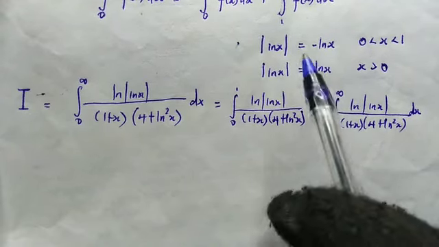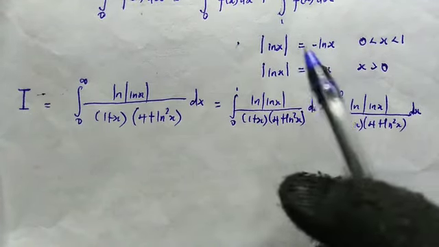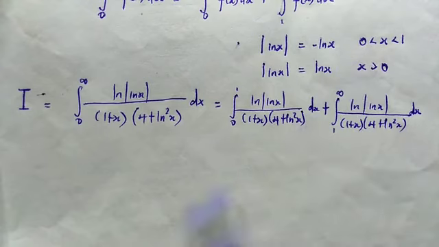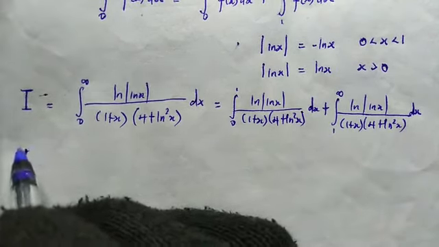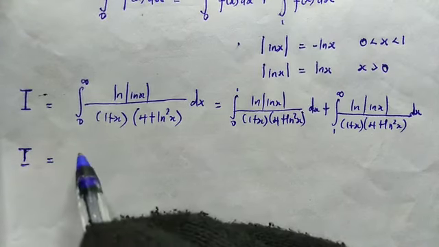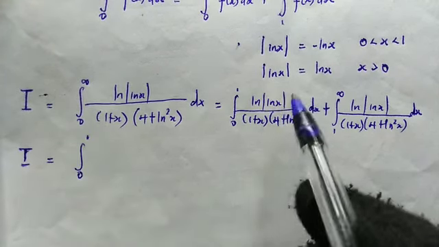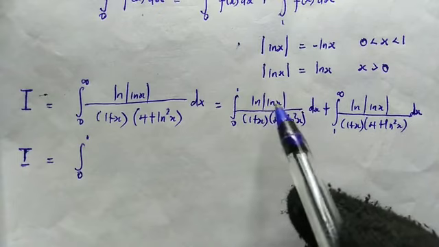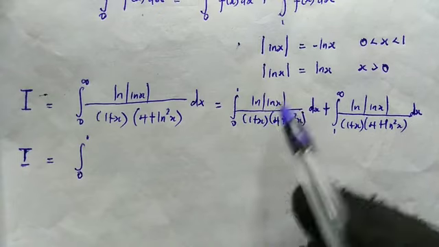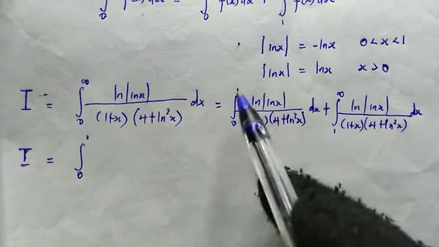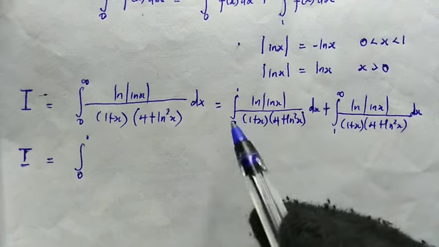Now let us make use of these conditions here. I is going to be the integral from 0 to 1. Right over here, the absolute value of this natural logarithm of x is negative because of the limit of integration.